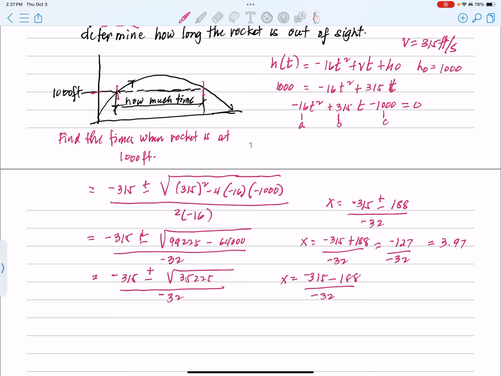So I have negative 503 divided by negative 32. So this will be 15.72.